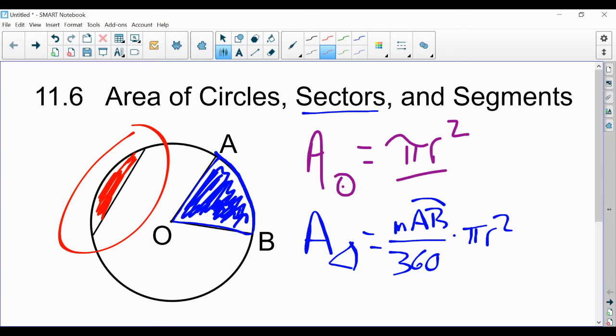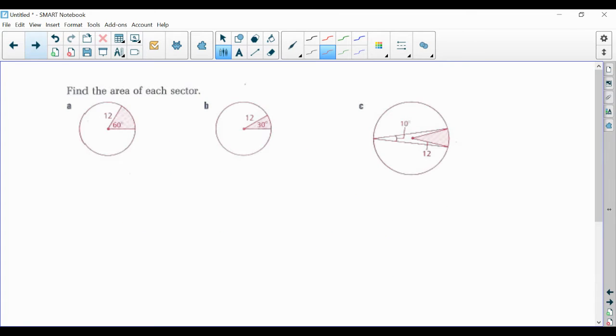They're using radians, and we don't touch radians in this class. So instead, I want you to think of it as a shaded region problem, where you're doing the area of the sector and you're subtracting away the area of the triangle. And that's basically how you find the area of the segment. Okay, let's do some practice problems where we're finding sector and segment areas.